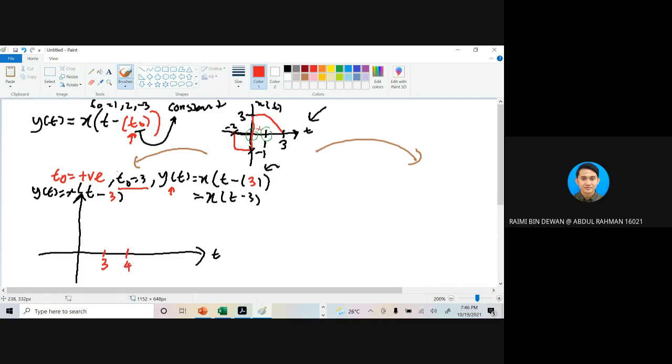And then you have here 3 plus 3, which is 6, right? So remember, there are no changes in your amplitude, it remains the same.